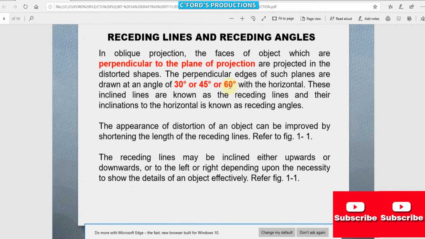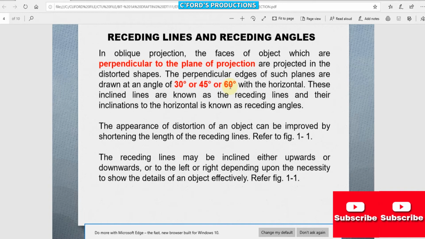So the perpendicular edges of such planes are drawn at an angle of 30, 45 or 60 degree angle with the horizontal. So these inclined lines are known as the receding lines, and their inclinations to the horizontal are known as receding angles.